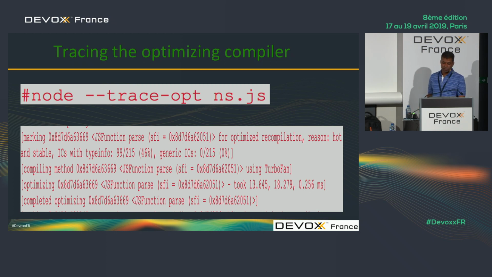That means it was profiling your application. It was looking at what type of script is being executed, what methods are being called, etc., and found that this particular parse method is really hot, executed every time. So it is worthwhile to optimize compile that.